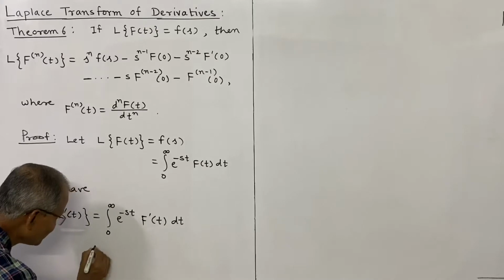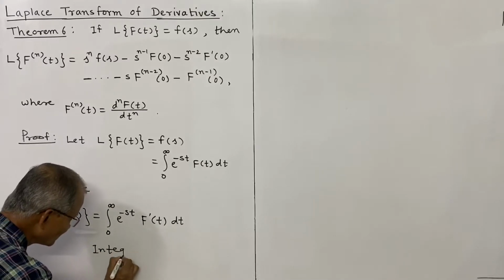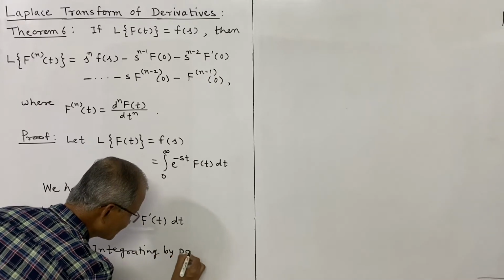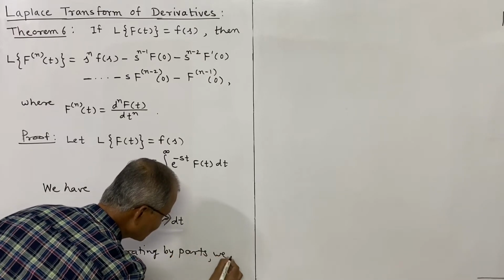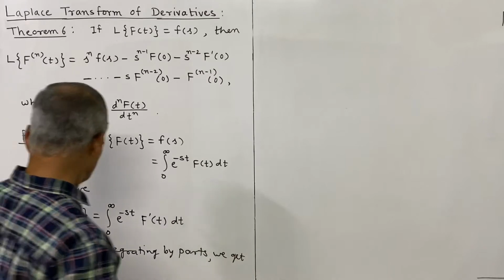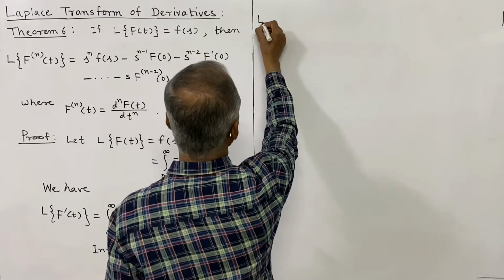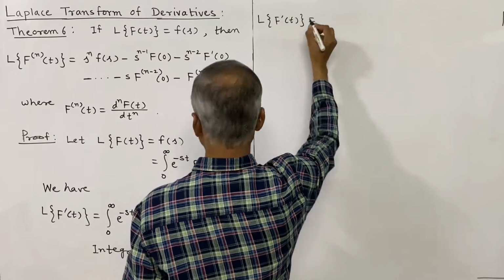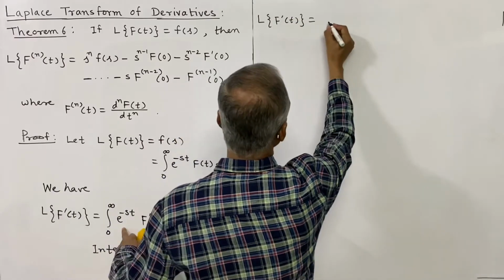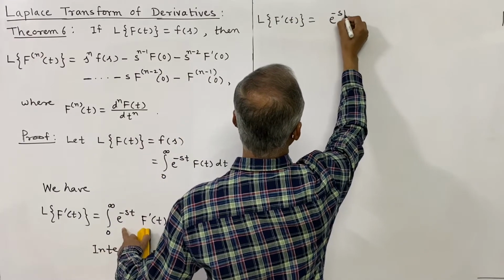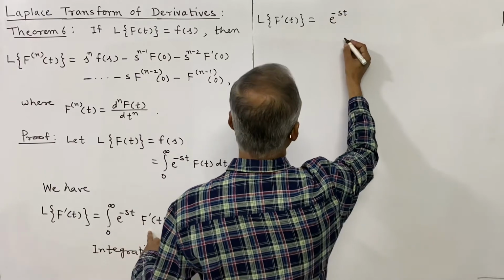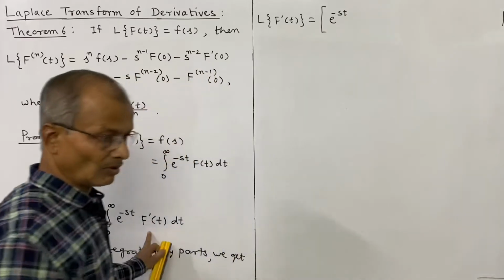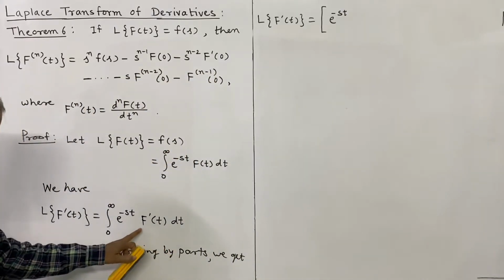Integrating by parts, we get, see, the left side is Laplace transform of f dash of t is equal to, and first function e to the power negative st, integration of second, I am writing the rule of integration by parts directly.